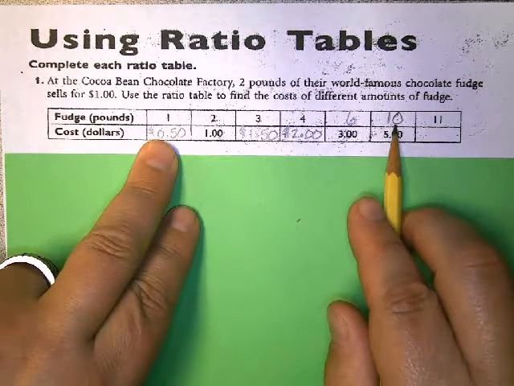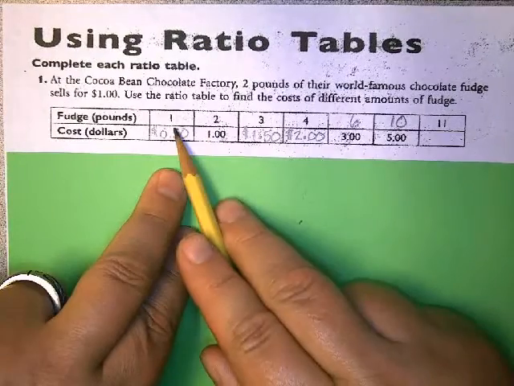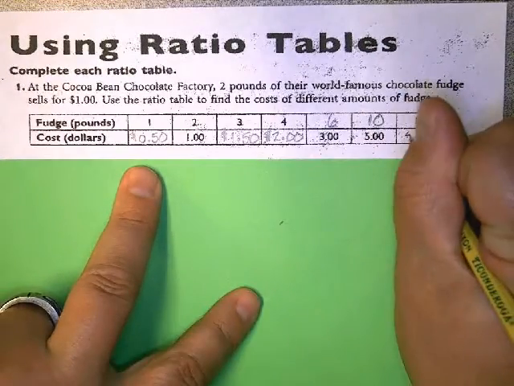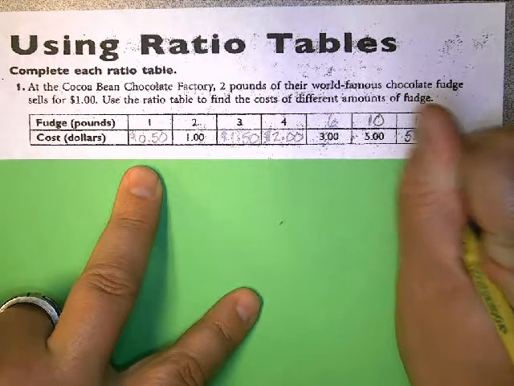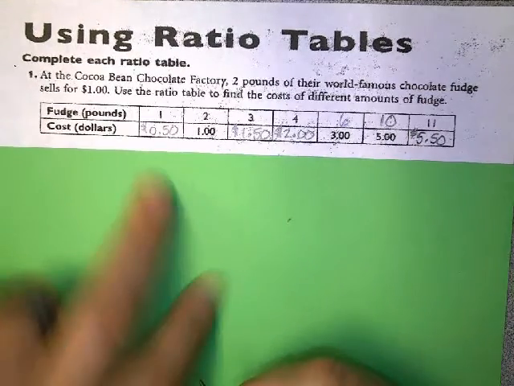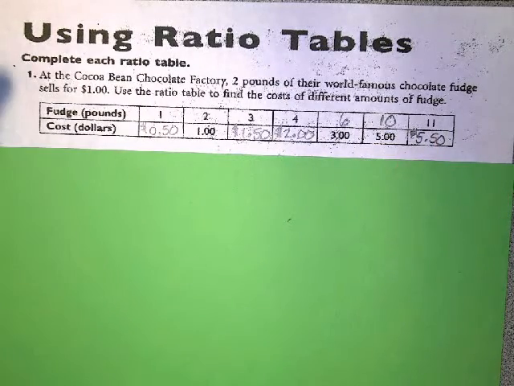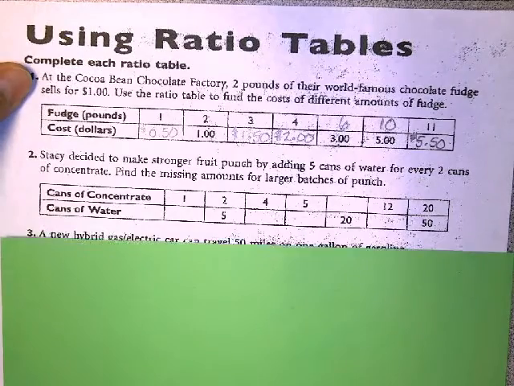Now, for 11 pounds, I'm going to look back here. I see I have a 10 here, I have a 1 here, and 1 plus 10 is 11, so 50 cents plus $5. It's going to cost $5.50 for fudge. And you also know throughout this whole thing that the top number is double the bottom one.